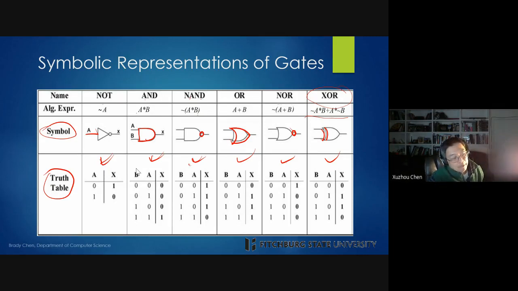Very straightforward, right? However, with these logical gates, we can build a more complicated, or very complicated, device using the simple gates.